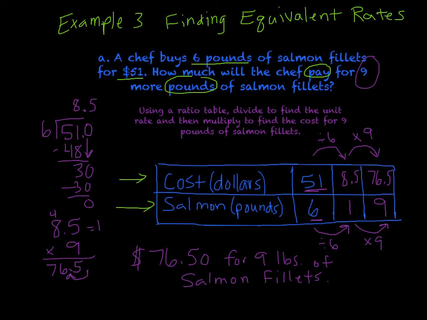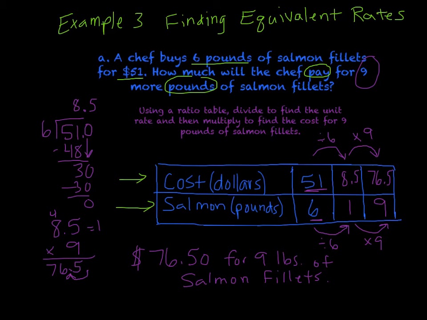I just want to mention too, before we move on to practice problems, what you're doing right here. You have a ratio table. And we did really simple ones in the last section in 5.2 at the beginning, finding equivalent ratios. We're finding equivalent rates, but this is technically a ratio. 51 to 6, 8.5 to 1, 76.5 to 9.